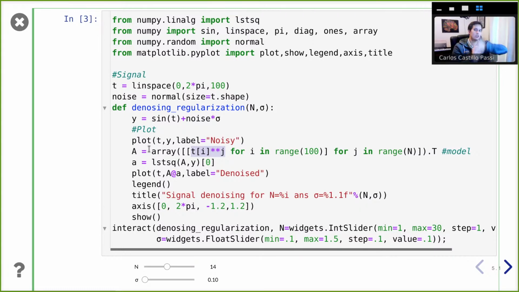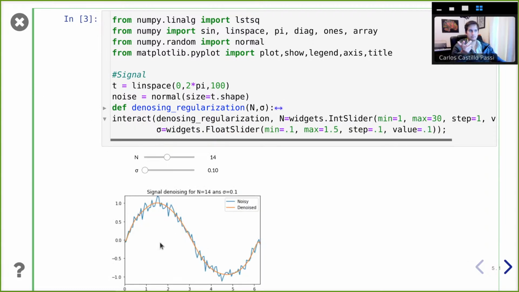In each column we have a polynomial of degree 0, 1, and so on. And by trying to fit a polynomial to a noisy signal, you can do a denoising. Here I'm showing what happens after fitting polynomials until degree 14 to this noisy signal.